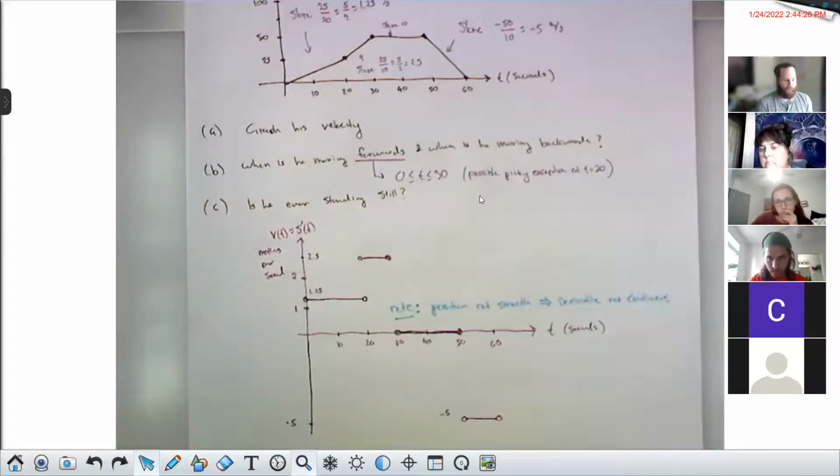But of course, in real life, it's not the case that he ceases going forwards at this moment. He's just in transition from one speed to another. He didn't turn around and go backwards. So 0 to 30 seconds is the reasonable answer. I would also accept 0 to 20 and 20 to 30 as separate intervals.